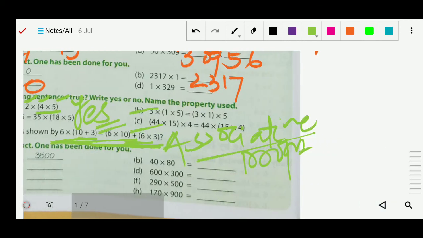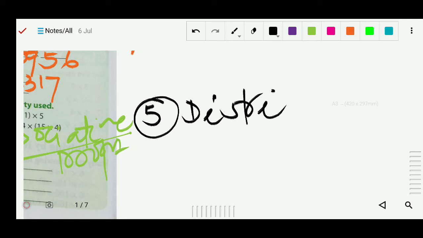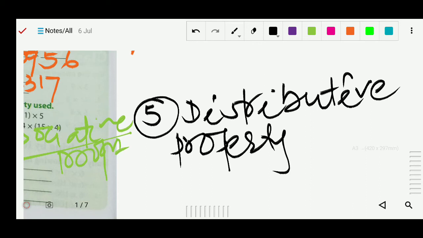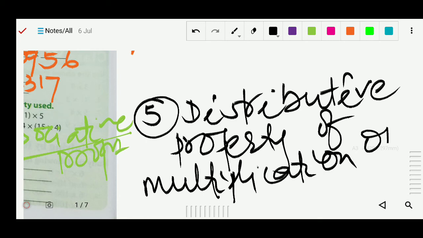So what do you have to write for question number 5? The answer will be distributive property of multiplication over addition.